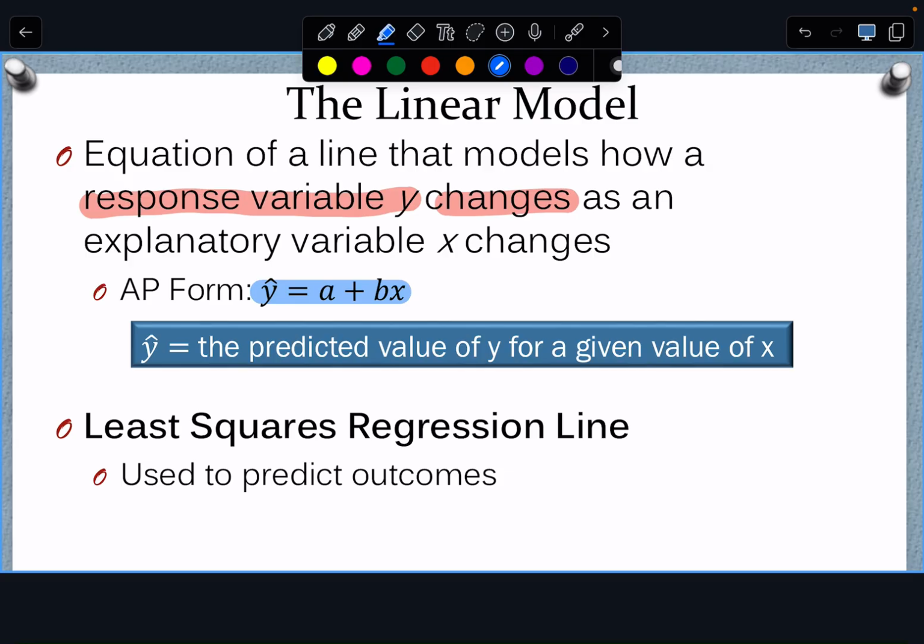The other parts of this that are important to take note of: the a in this case is my y-intercept for the equation. That's where we're going to cross the y-axis. We're going to talk about interpreting that here in a second. And then b is the slope of my equation.